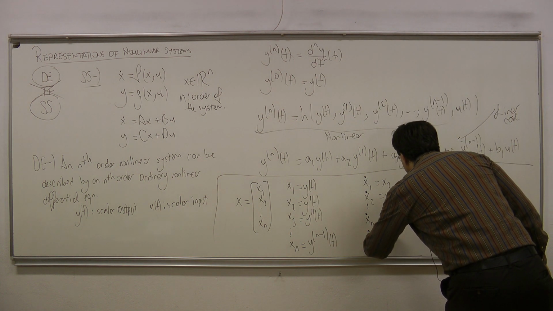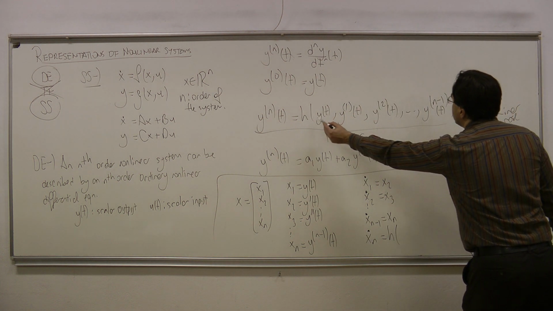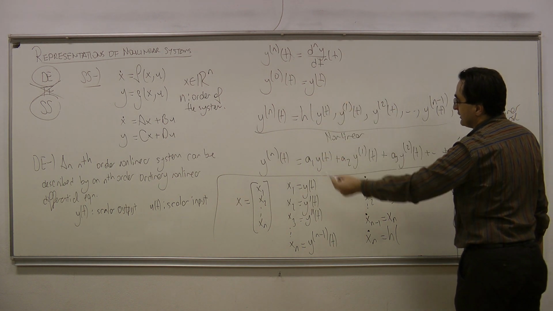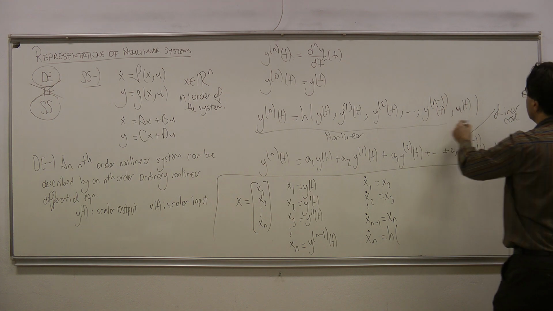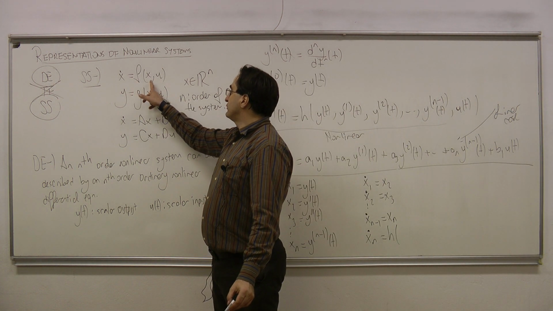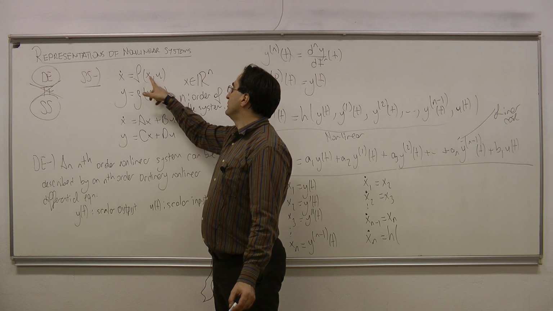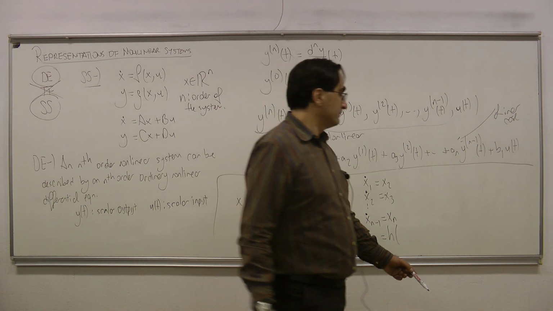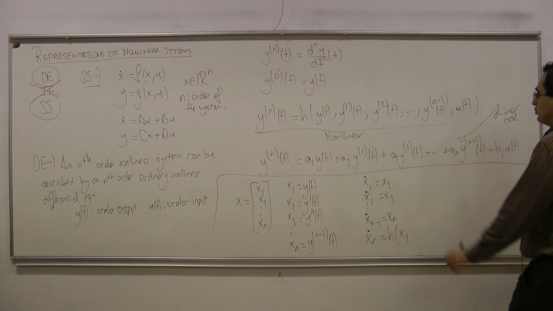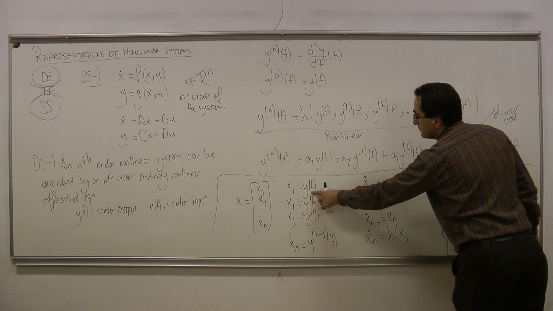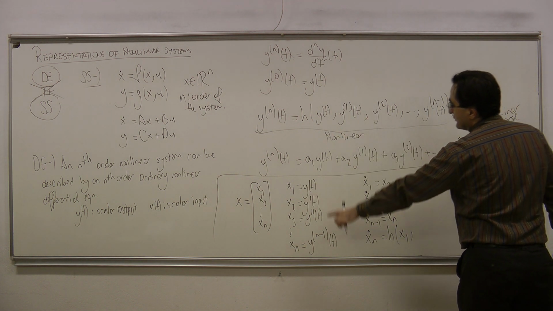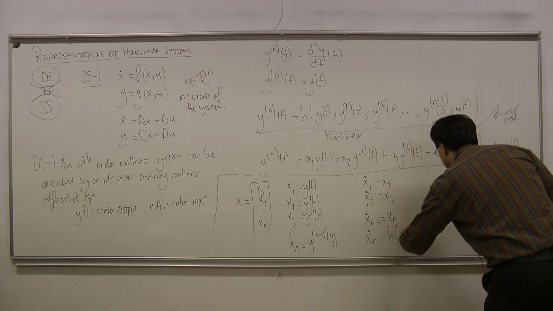So I have h, and I need to replace all the arguments here with either state variables or the input, because x dot equals f of x and u expresses everything in terms of the state variables and the input. So I have y is x1, and y prime is x2.